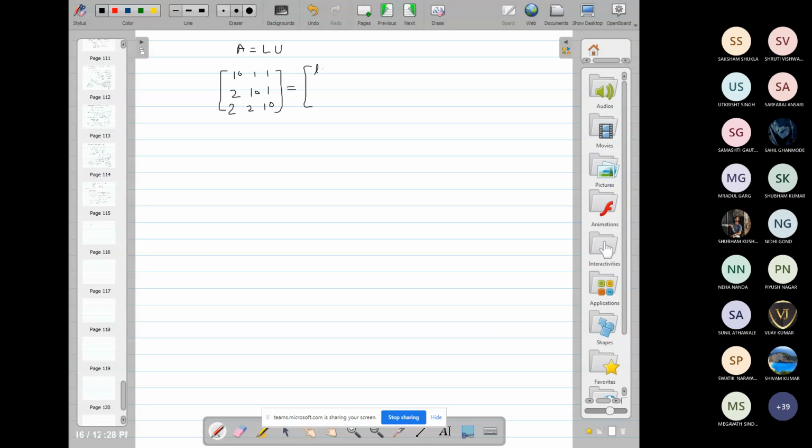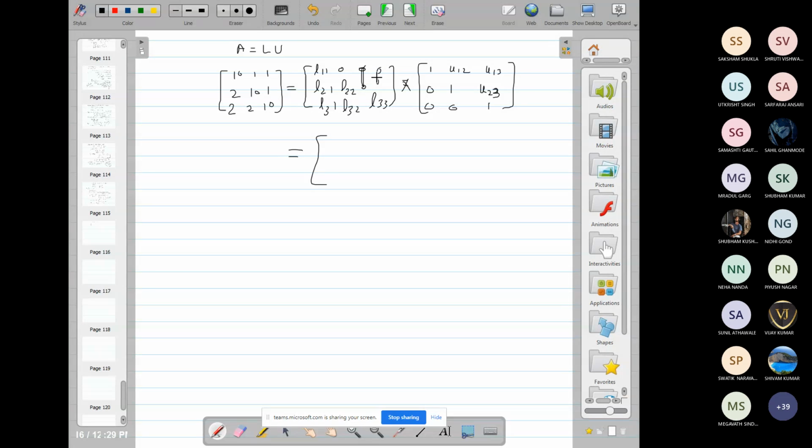L is L11 0 0, L21 L22 0, L31 L32 L33. This is equal to, meaning these elements will be here, these are not here, so this is equal to zero. U is 1 u12 u13, 0 1 u23, and 0 0 1.